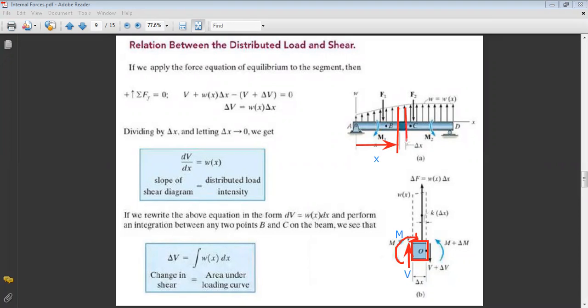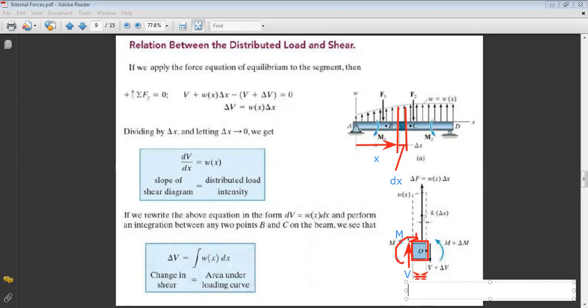This is why the distance here is very small, delta X, which tends to 0, it's dx. So now, next step, when I did my cut at the second level, the difference between the two cuts is a distance of dx. So this distance here is dx.